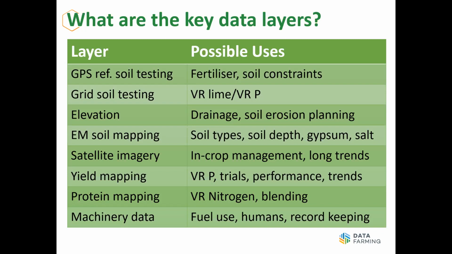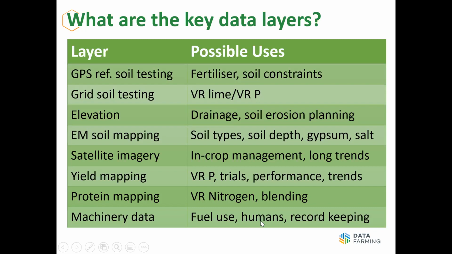And again, it's very good for picking up that because it's detecting clay content. Also potentially used for variable rate gypsum. So salts and sodium sort of go together most of the time in our environment, especially in these areas we're talking about. And it's a good surrogate measure for picking up gypsum. And we'll see some great examples today of variable rate gypsum, which shows how useful that can be.